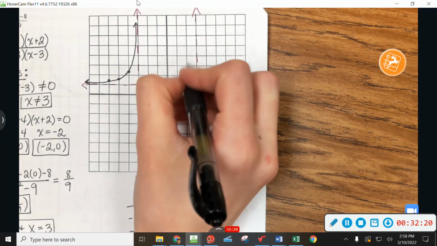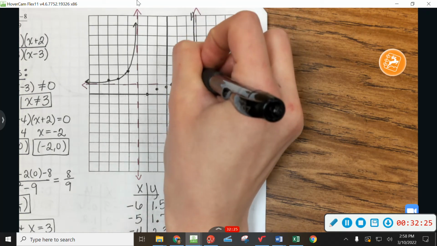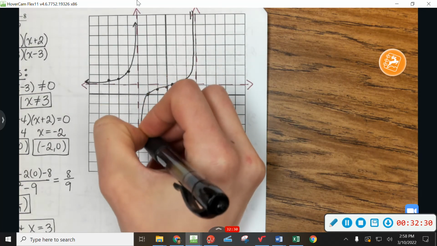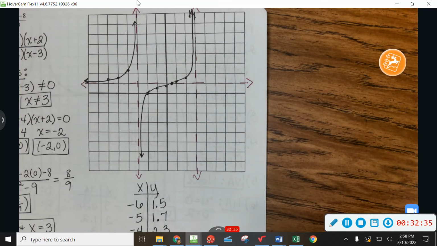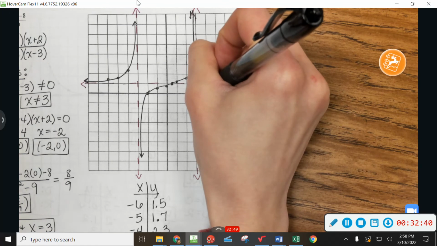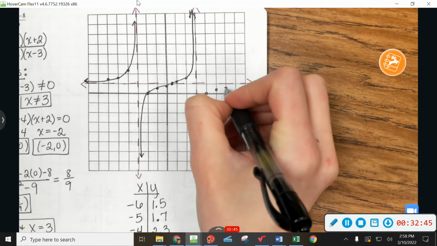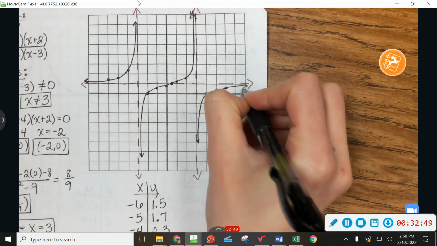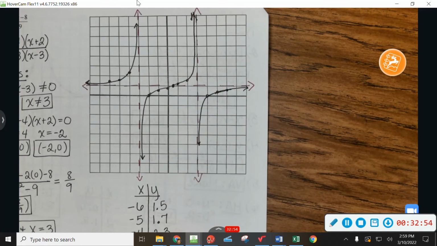So do your best to make it look like that. That's what the graph looks like.